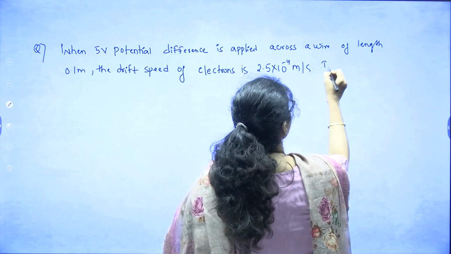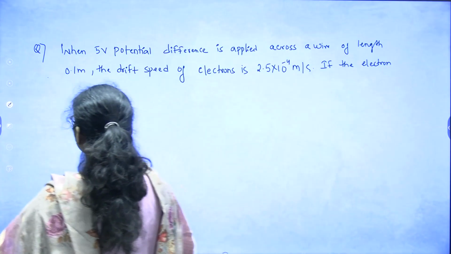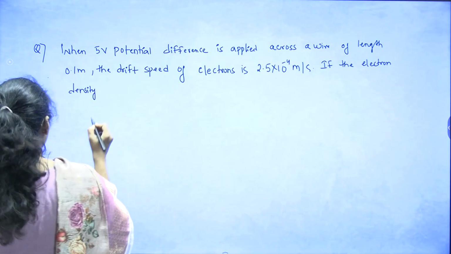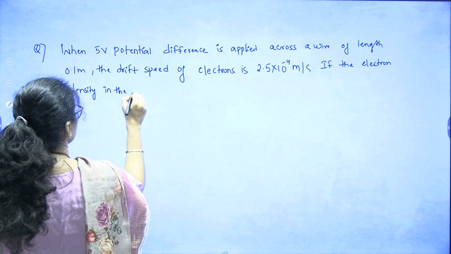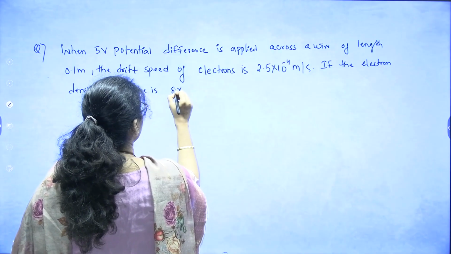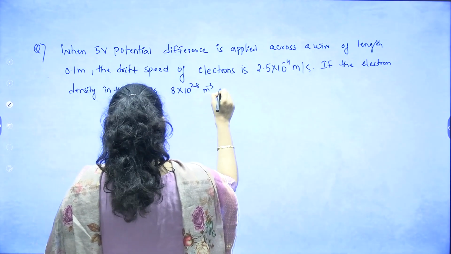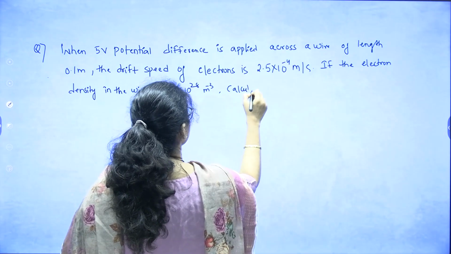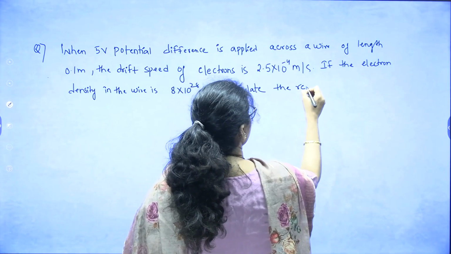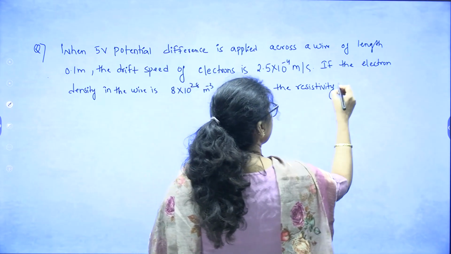If the electron density in the wire is 8 into 10 power 28 meter cube, calculate the resistivity of the material of the wire.